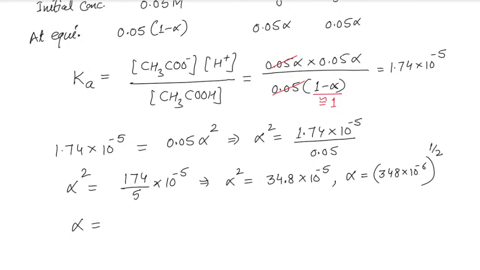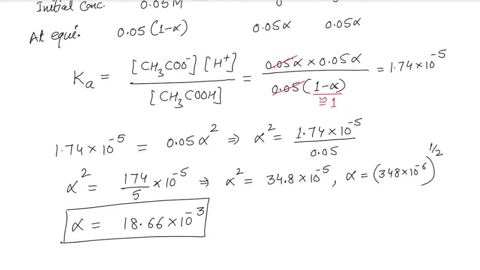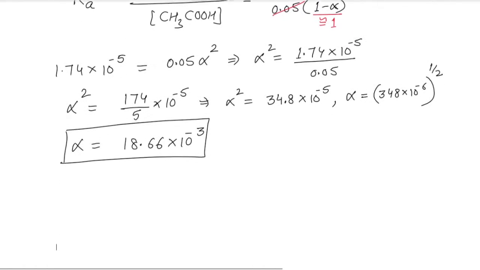What is the square root of 348? It is 18.65, or we can say about 18.66 × 10^-3. This is alpha. The value of alpha is the degree of dissociation.